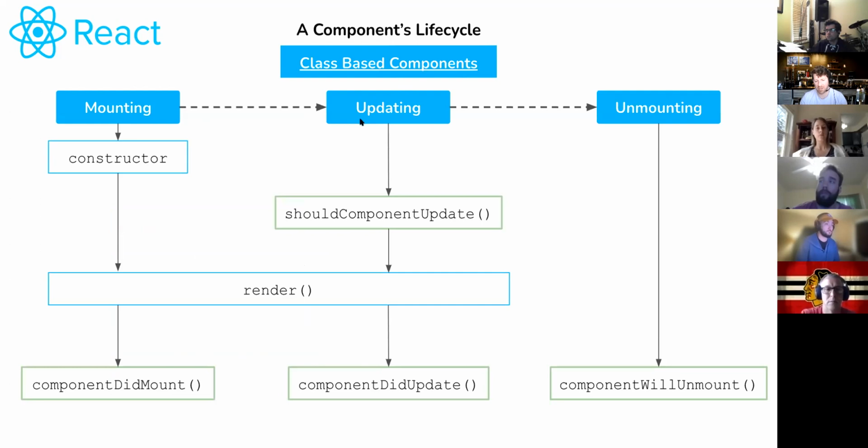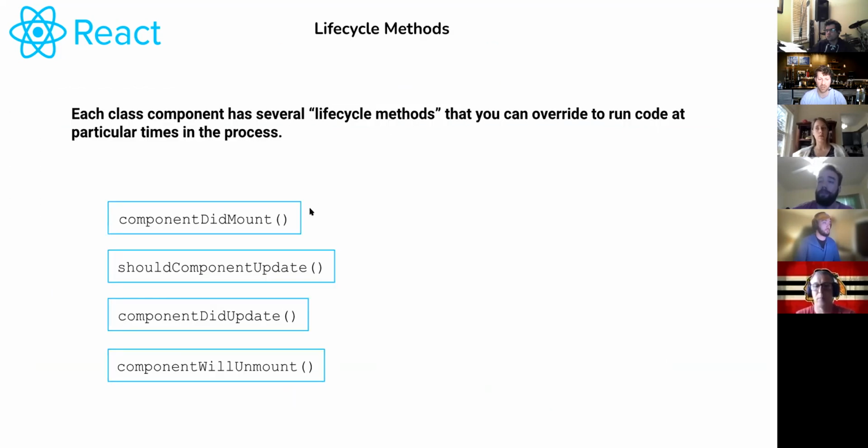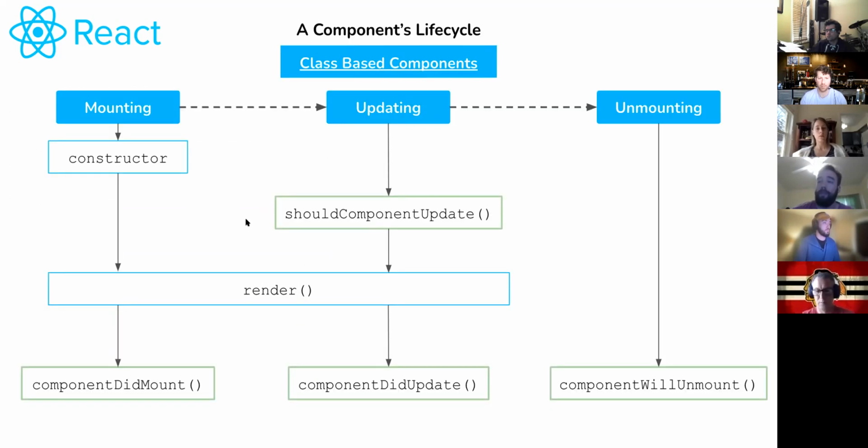So here's a quick look at when the lifecycle methods execute at different points in the component's lifecycle. When a component is mounting in a class-based component, the constructor method is run, then the render method, and then the componentDidMount method.